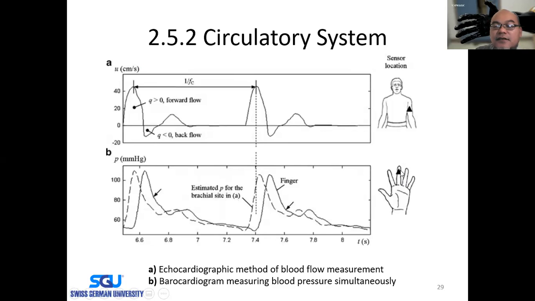We can also use a pulse oximeter. You see from the time perspective, the brachial side occurs earlier compared to the finger side. The finger side is delayed because of the time needed for blood to flow from the brachial side into the finger.